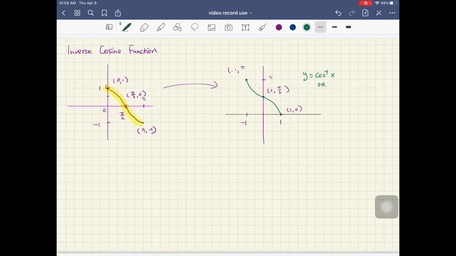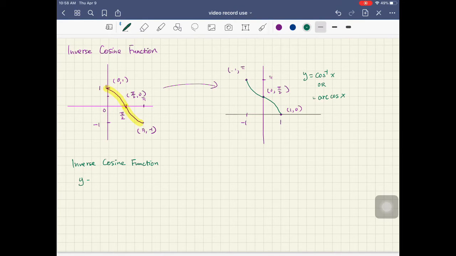So it's either cosine inverse of x or arc cosine of x. From those two graphs, we can conclude that the inverse cosine graph has the following definition.